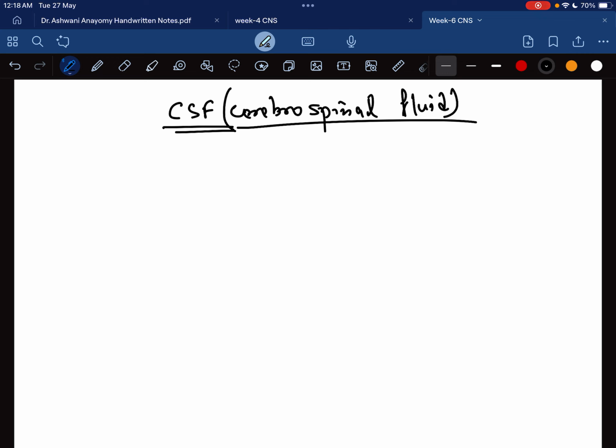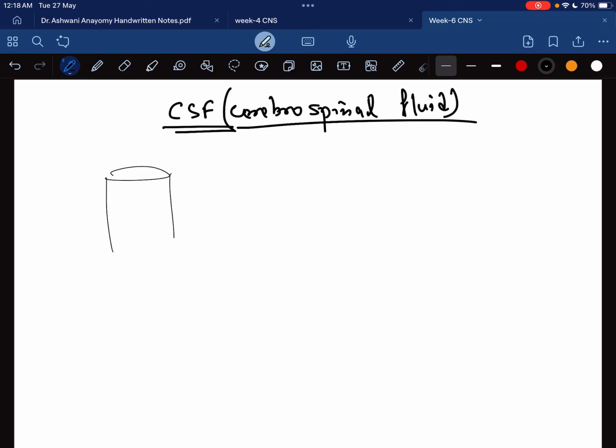It is a fluid from the blood, with the cells and everything removed.